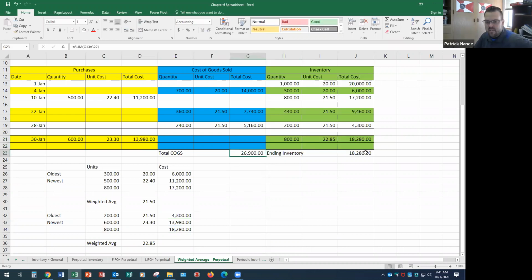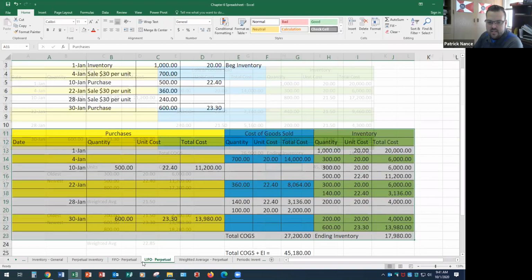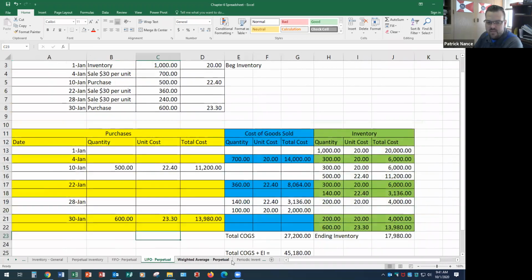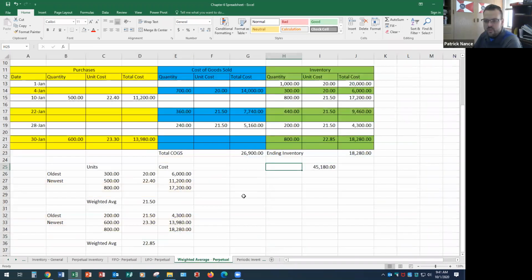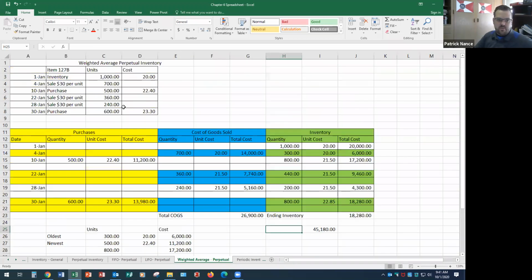And I went ahead and left these in here like I had on the prior to get my total ending inventory. And again, if I add my ending inventory and my total cost of goods sold, I'll get the same number that I got for both of my LIFO and FIFO perpetual methods. And it really wouldn't matter which method I used because we're using the same facts. And that is a weighted average under the perpetual inventory method.